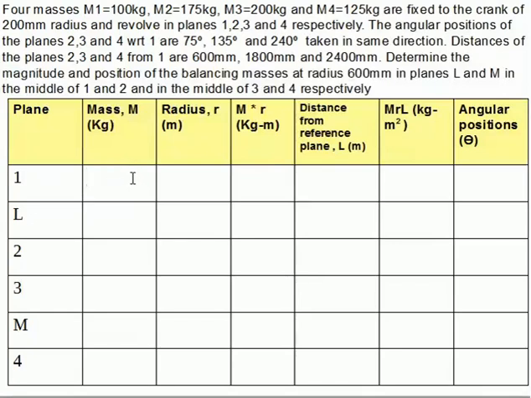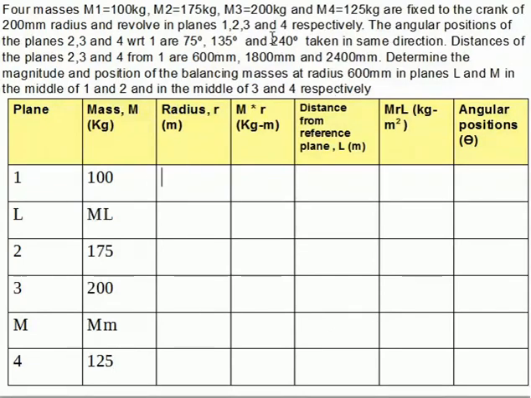List out the given mass values. In terms of kg I will write m1 is 100 kg, mass L is unknown, we'll write it as m suffix L, which you have to find out. m2 is 175 kg, m3 is 200 kg. The mass in plane M is also unknown, we'll write it as m suffix M, and the last mass is 125 kg.